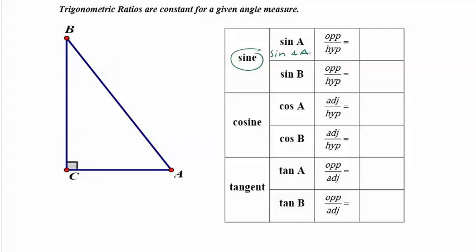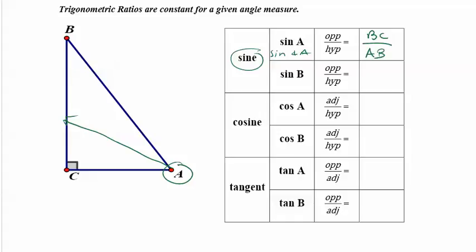The leg directly across from angle A would be side BC. So the sine of A is the opposite leg, BC, over the hypotenuse. The hypotenuse of any right triangle is always the side across from the right angle, so that would be side AB or BA, whatever you want to call it.